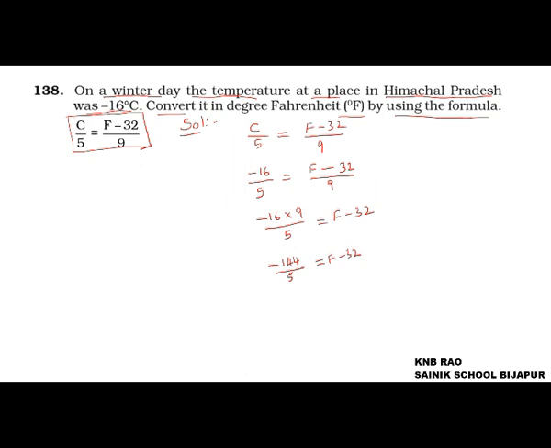Now this 32 which is getting subtracted, when it is transposed this side, it becomes an addend. So minus 144 upon 5 added to 32 gives the corresponding value of Fahrenheit for this minus 16 degrees Celsius. So how to do minus 144 by 5 plus 32? It is just addition of rational numbers.